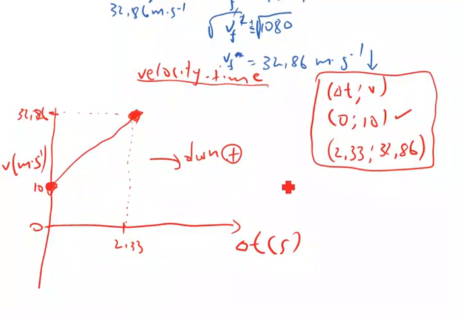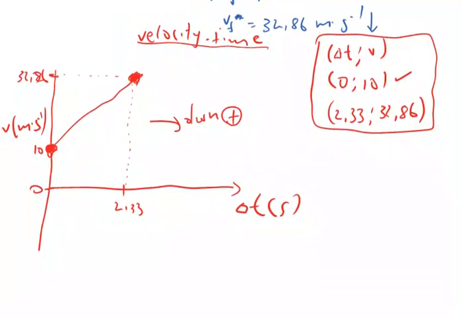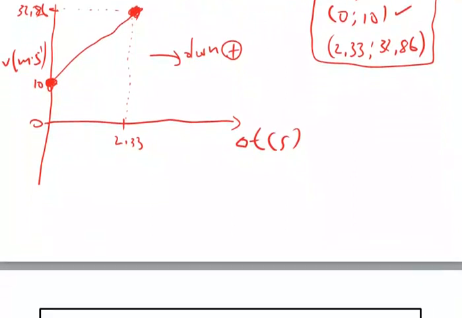Let's go to the acceleration-time graph, which is very easy. The acceleration-time graph is not a big deal because acceleration is constant. What is important is to know which direction was taken as positive and which one was taken as negative.